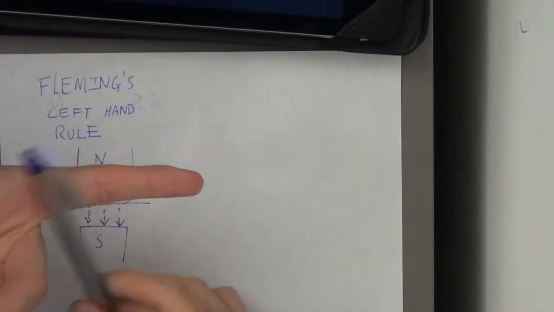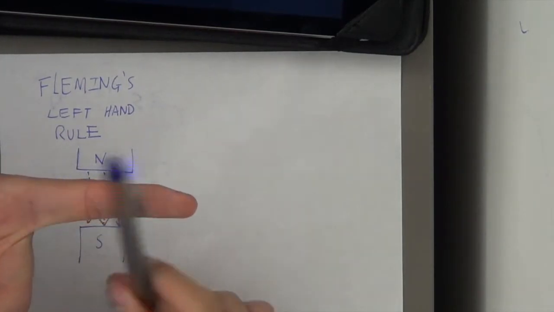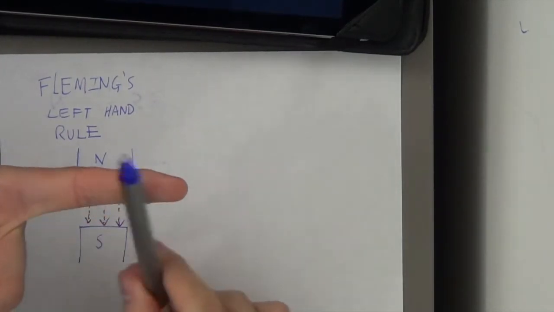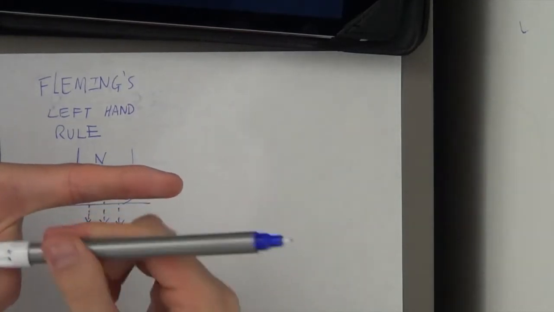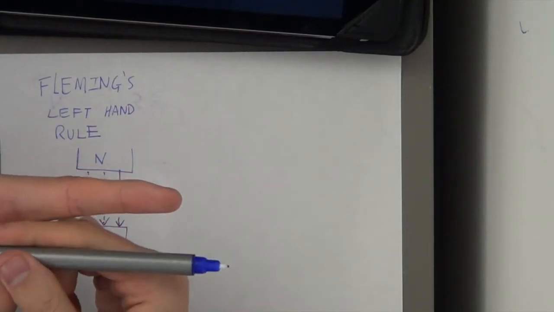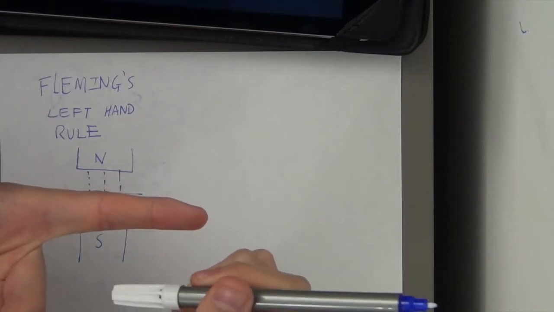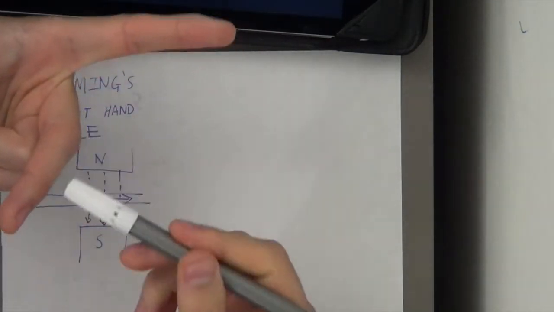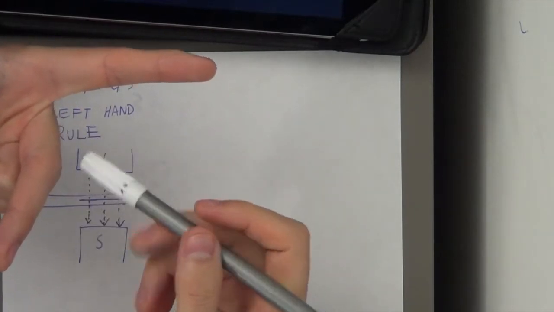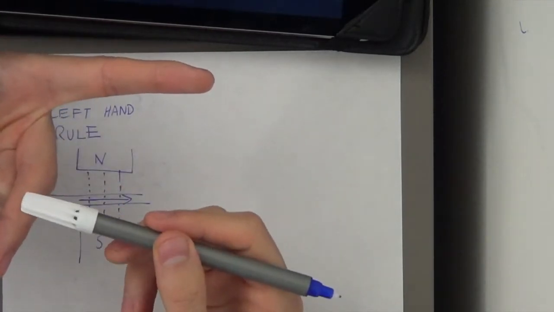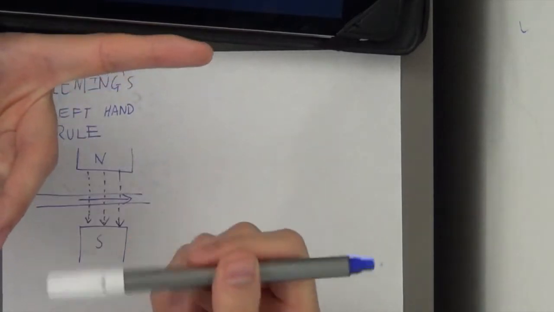Then your first finger, or your index finger, is going to be the direction of the magnetic field. F for field. Then your second finger, it is your middle finger, but I'm going to call it the second finger because the C in that one is going to be the direction of current.